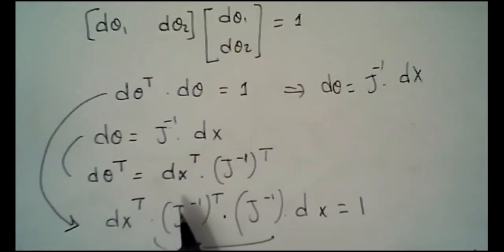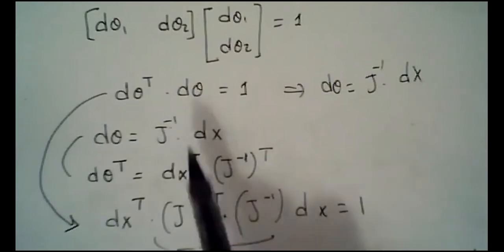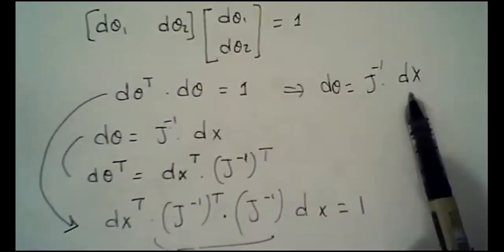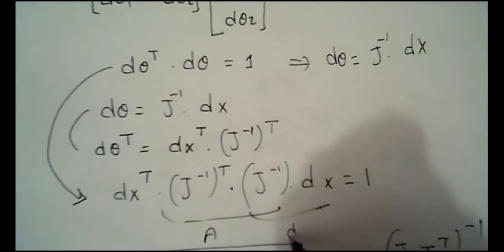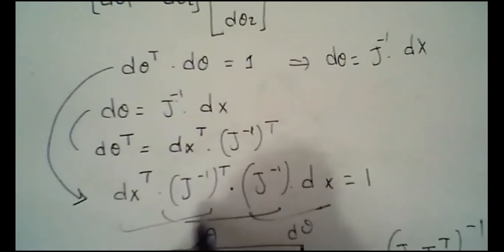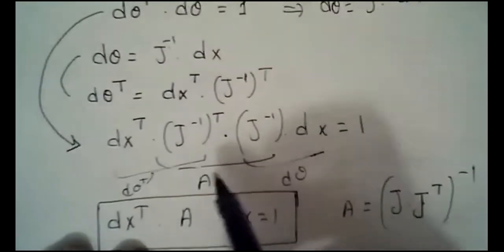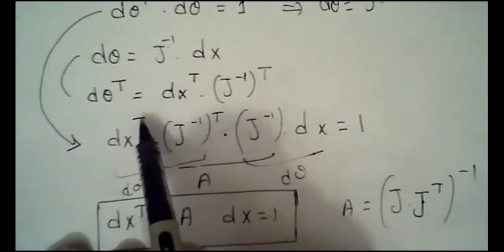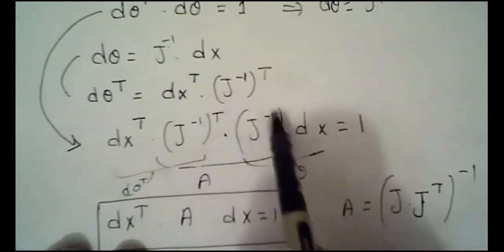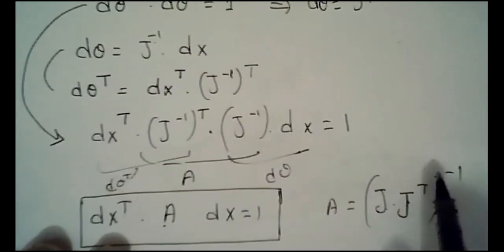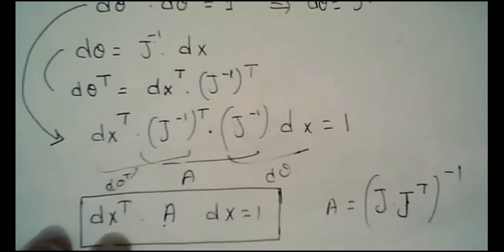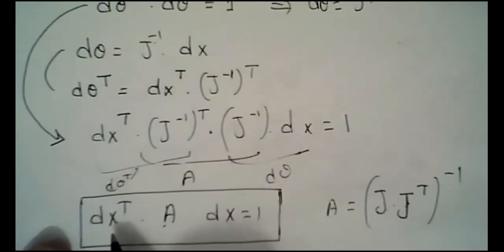So this term right here is d theta, and this term right here is d theta transpose. But ultimately, I'm going to end up with dx transpose multiplied by some matrix, which is called the A matrix, where A is equal to J multiplied by J transpose, the inverse of that, multiplied by dx. So this is actually the equation of an ellipse.